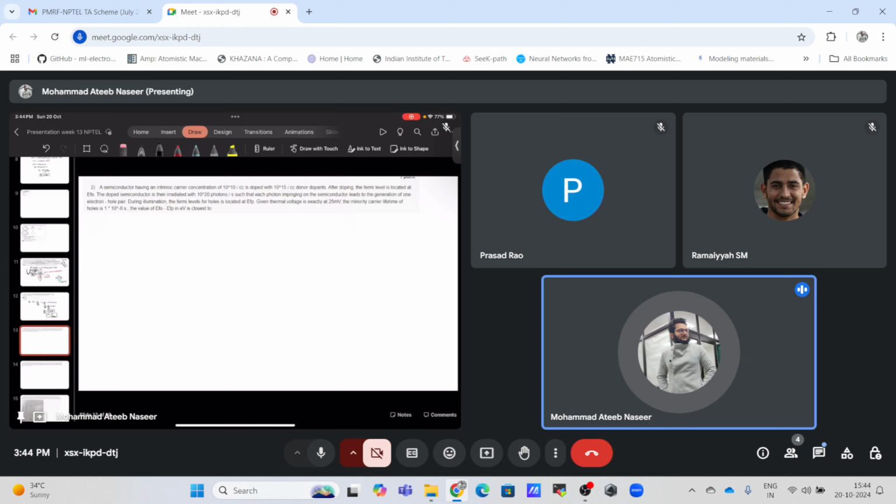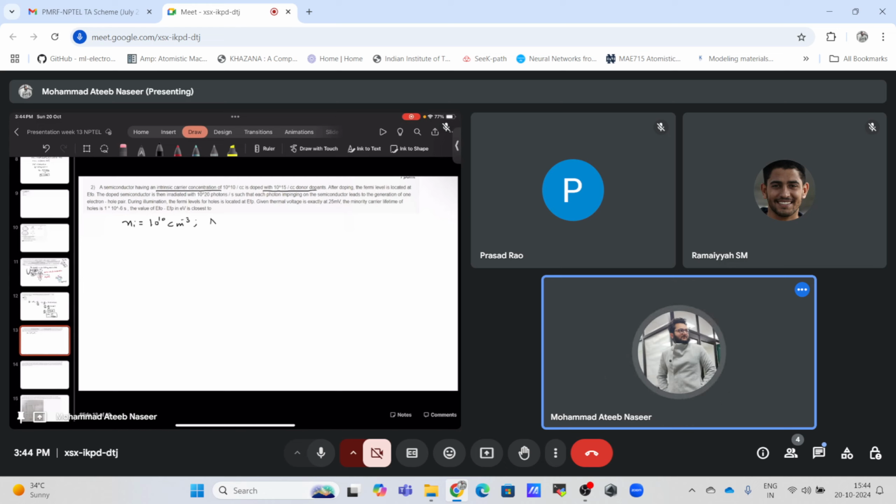If we have an intrinsic semiconductor with a concentration of 10 to the power 10, and now we dope it with donor impurities, there will be an excess electron concentration. So let me write down: the intrinsic carrier concentration is simply 10 to the power of 10 per centimeter cube.